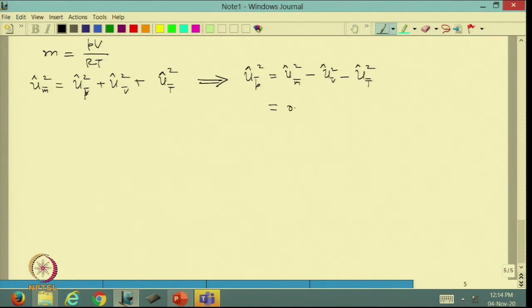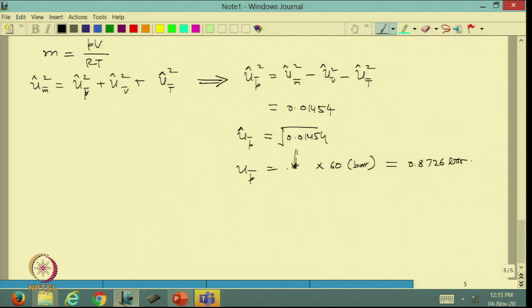And this will give us the value of 0.01454, which means that u hat P bar is the square root of this, and then multiply this by 60 bar, and the answer you get. So, this is the square root of 0.01454, this value comes here, and this final value is 0.8726 bar.